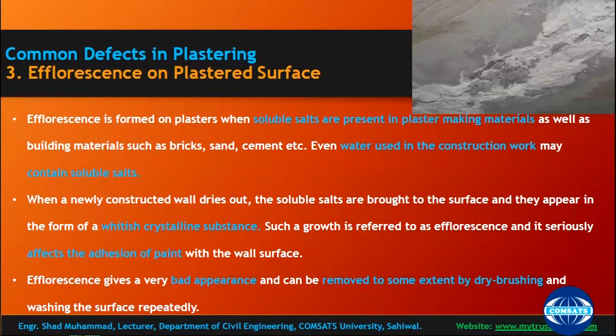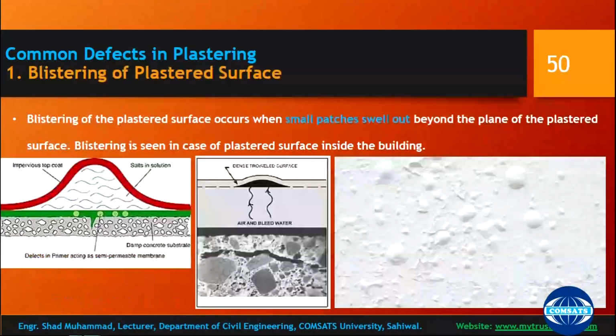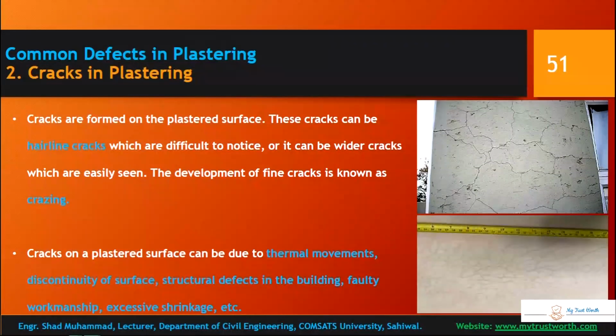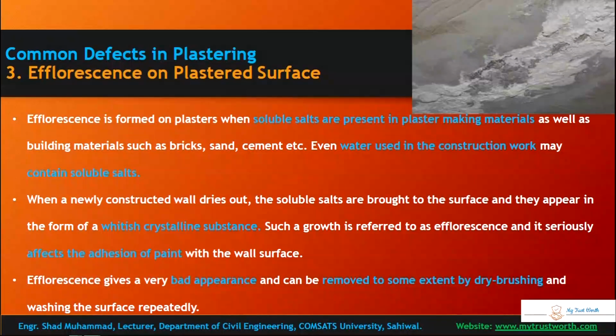The main difference between efflorescence and blistering is that in blistering there is an impervious layer and they do not come out, while in efflorescence they do find the passage, and they disrupt or engulf the outer layer of the plaster or paint.